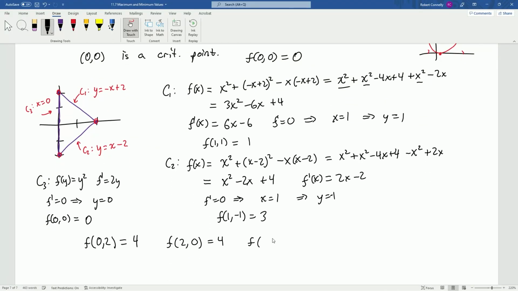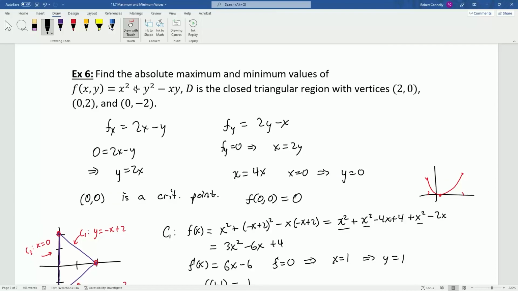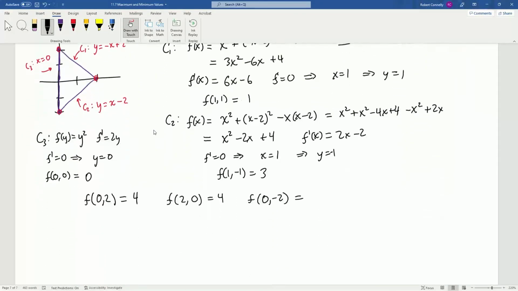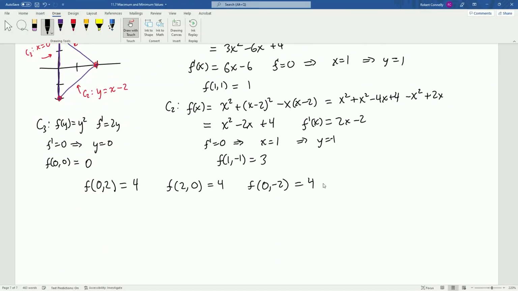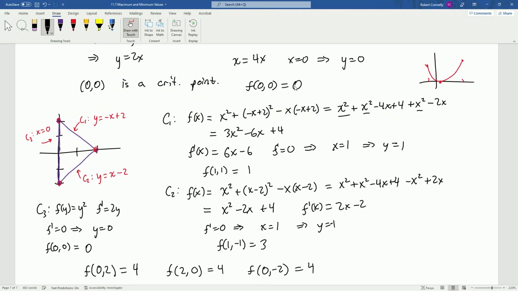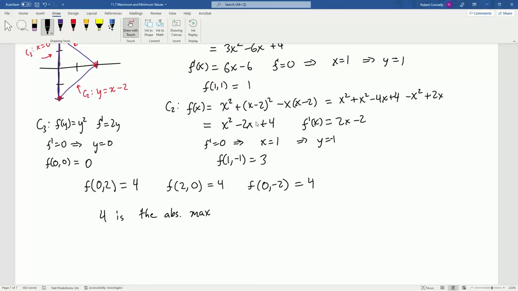And then we'll check f of (0, -2). And that's going to give us 0 plus 4 minus 0, so that's 4. So in other words, 4 is the absolute maximum. And 0 was the absolute minimum.